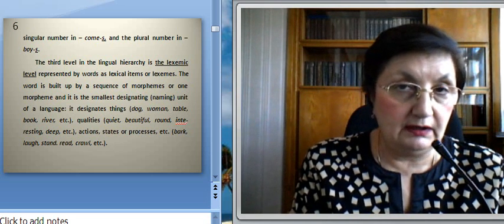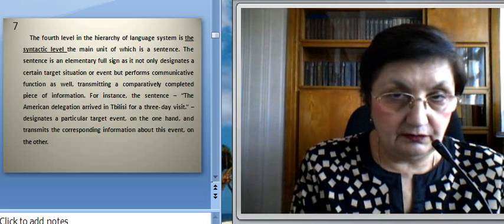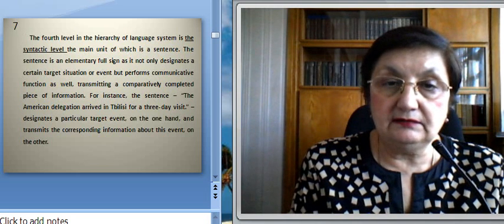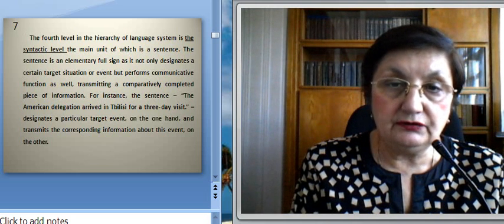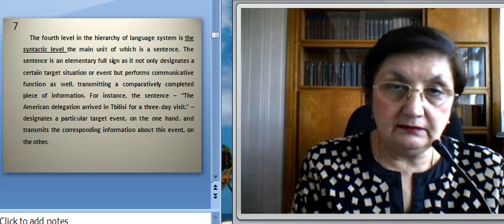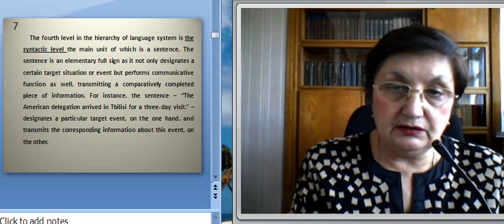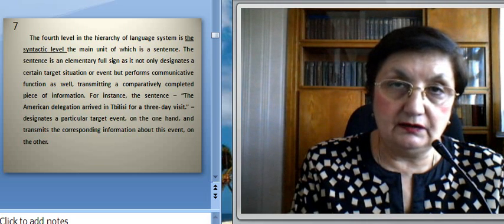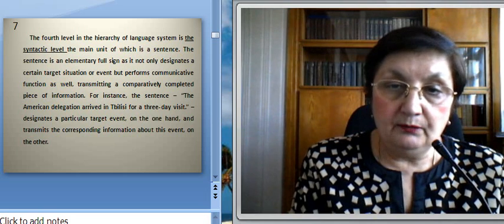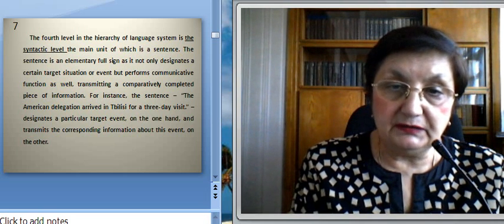The fourth level in the hierarchy of language system is the syntactic level, the main unit of which is a sentence. The sentence is an elementary full sign, as it not only designates a certain target situation or event, but performs communicative function as well, transmitting a comparatively completed piece of information.